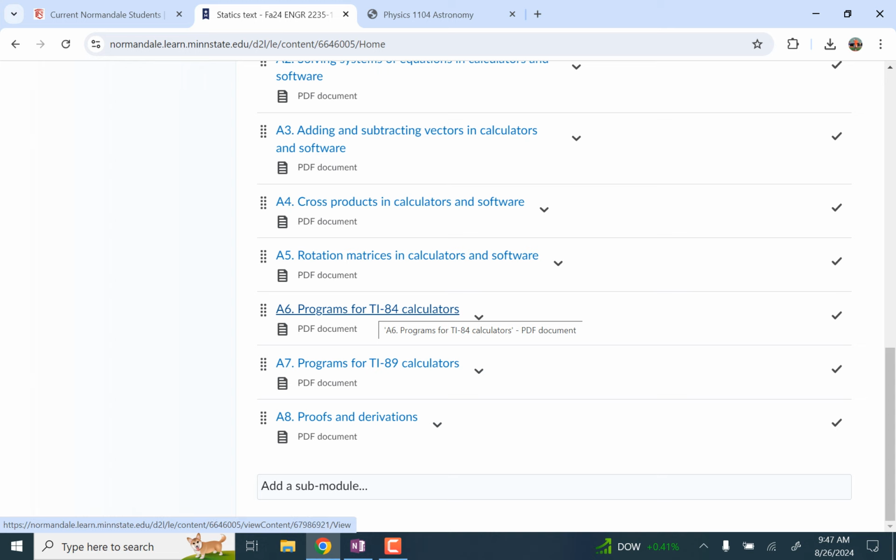It looks like only 84 and 89. But a lot of the syntax is similar for 83 and 86 to what it is for 84. Anyways, I've used all these calculators a lot. So if you have a different one and you can't figure out how to get a program entered in yours, I can show you how to do it. 83s, 86s, 84s, 89s, Inspires, I've used all those a lot and programmed in all of them enough to show you.